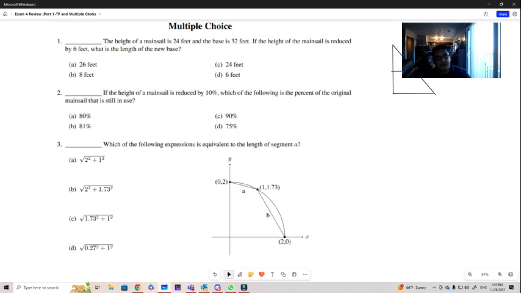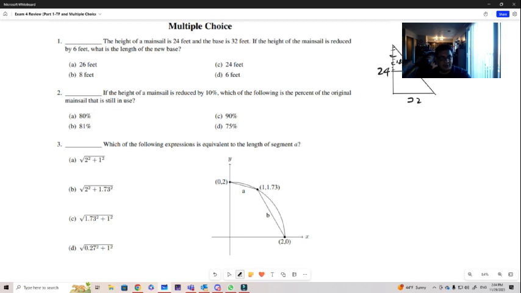Before we had a height of 24 and 32 here, and now we're going to reduce to just this piece over here. This is going to be the height of my new sail, and this is going to be 18, and here it measures x. So I can make a relationship using similarity of triangles. I can take the small triangle with the big triangle and make a comparison.